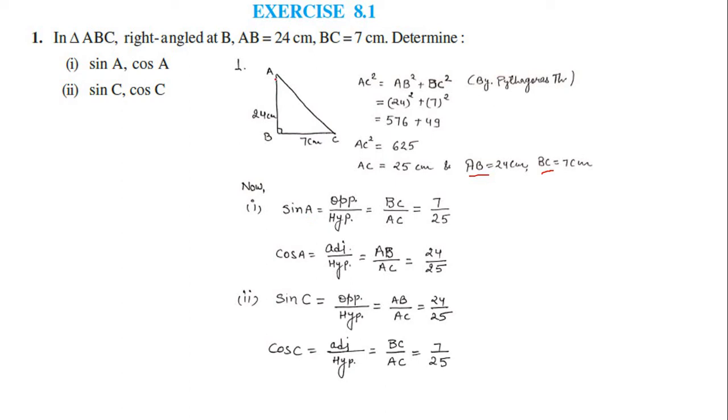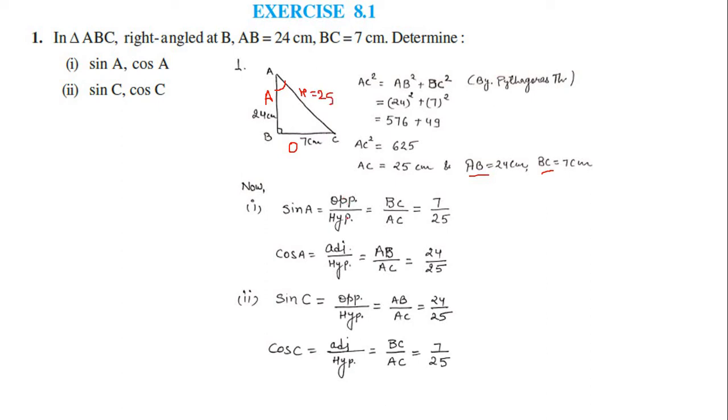Now sin A, for this angle you need to find the sine, the T ratio. First I am marking for angle A. This will be the opposite side, this will be the adjacent side, and this will be the hypotenuse. We already got the hypotenuse as 25 centimeter.